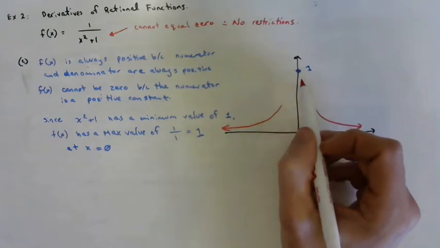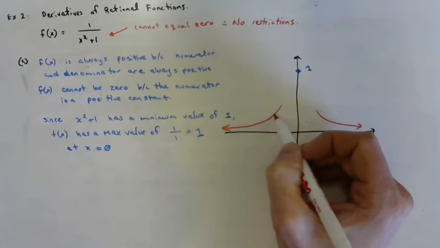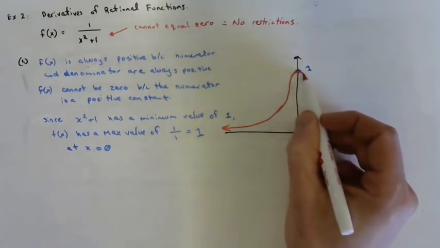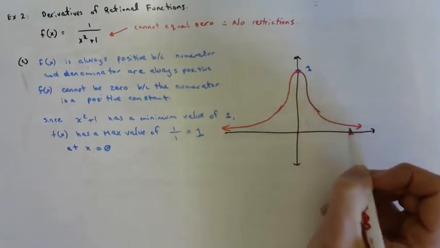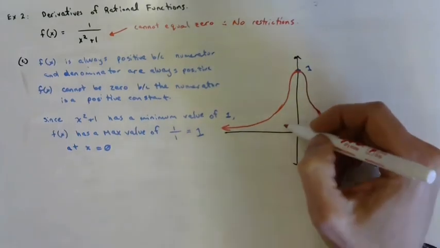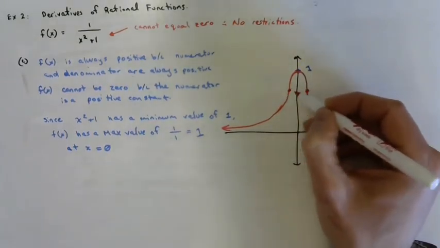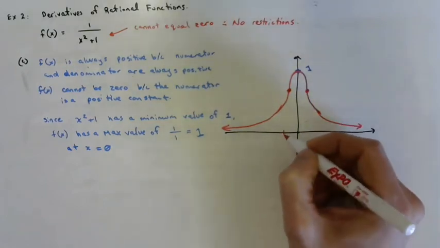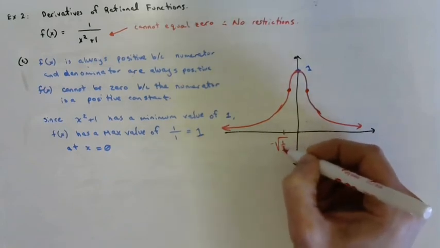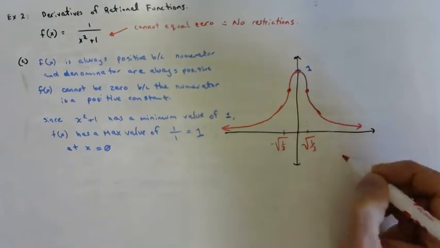So now what's happening here? We said there is no restriction on the domain, which means that this thing is actually going to come up and bend down again. Which means that there is a point of inflection, maybe it's here and here-ish, at negative radical 1/3 and at positive radical 1/3.